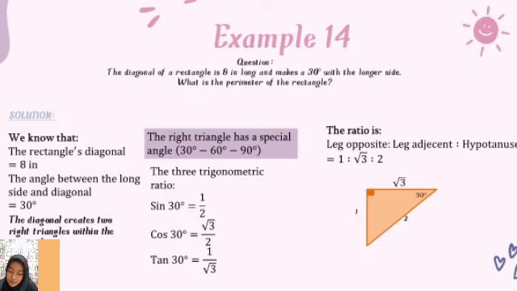The three trigonometric ratios: sin 30 degrees equals half, cos 30 degrees equals square root of 3 over 2, and tangent 30 degrees equals 1 over square root of 3. With the ratio of leg opposite to leg adjacent to hypotenuse equals 1 to square root of 3 to 2.